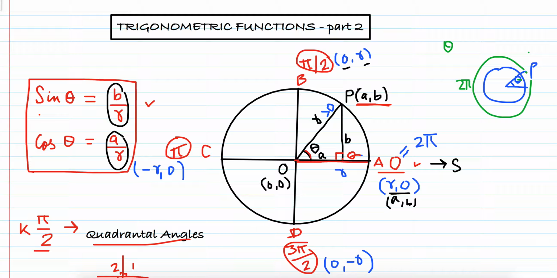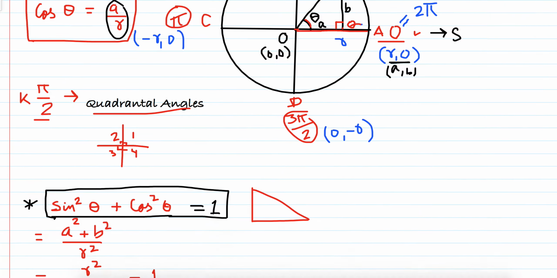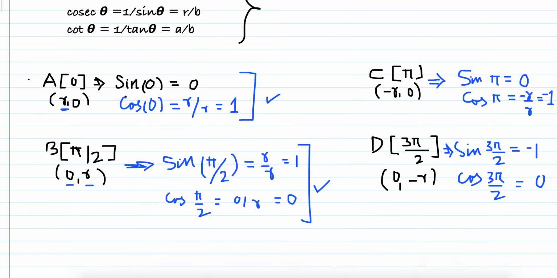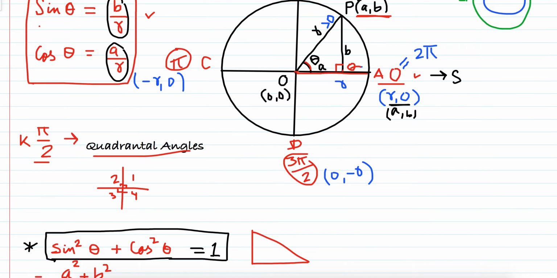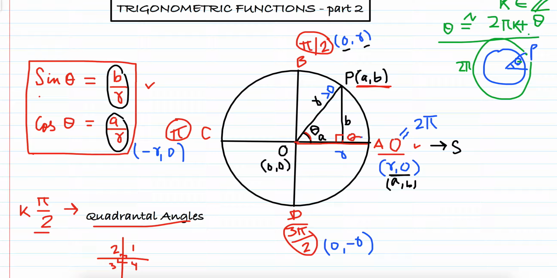So theta is equivalent to 2 pi plus theta, or any multiple of 2 pi, 2 pi k plus theta, where k belongs to integers. This is true for our trigonometric functions. So we have seen the values of trigonometric functions at all the multiples of pi by 2.